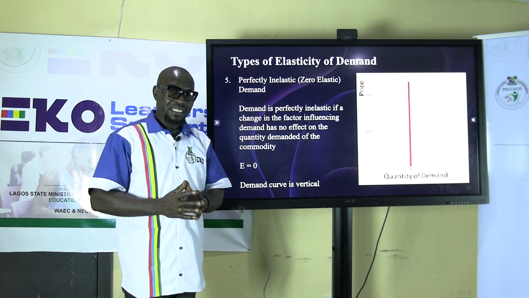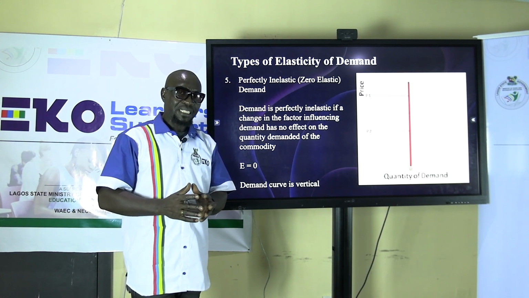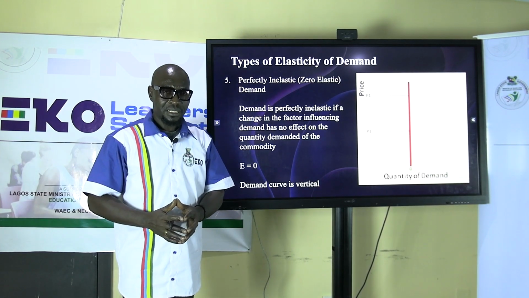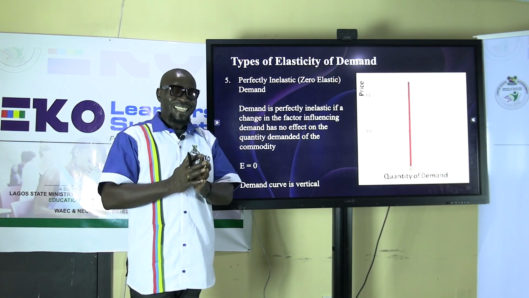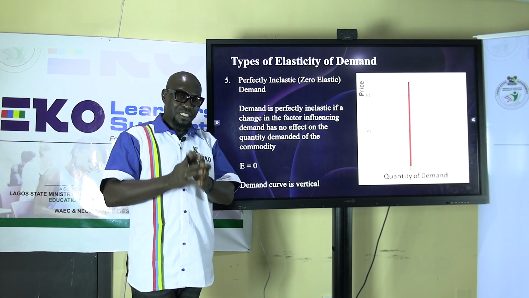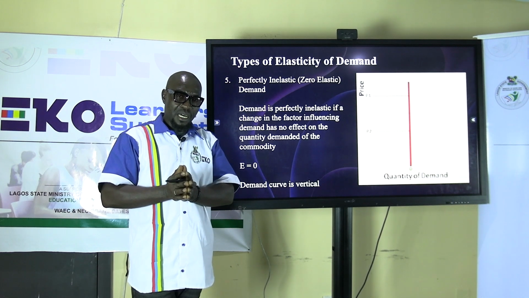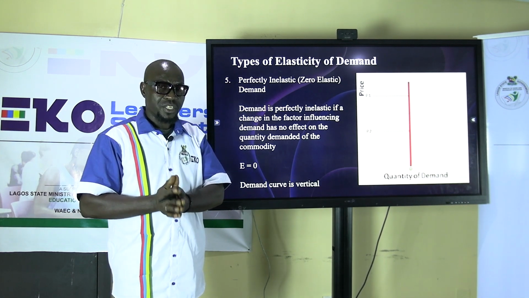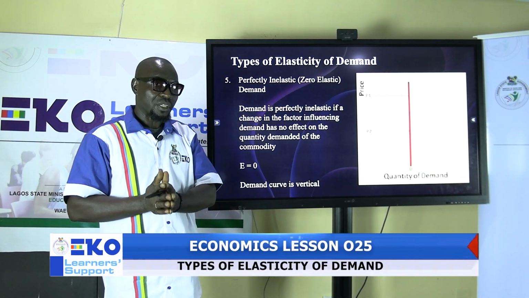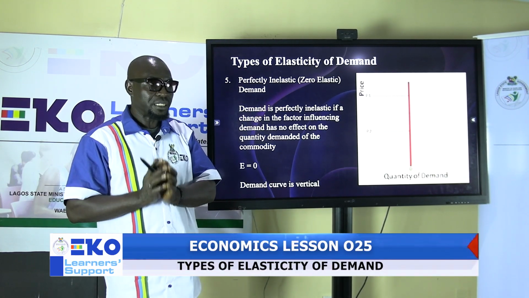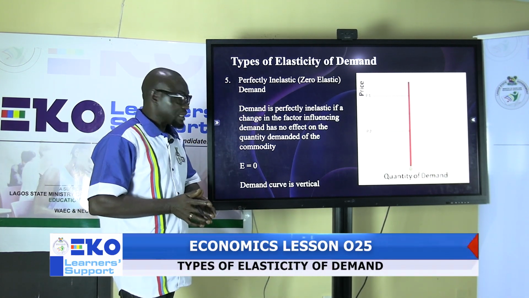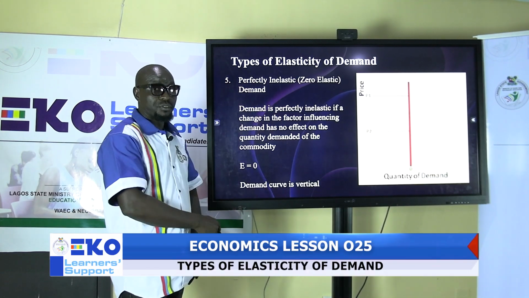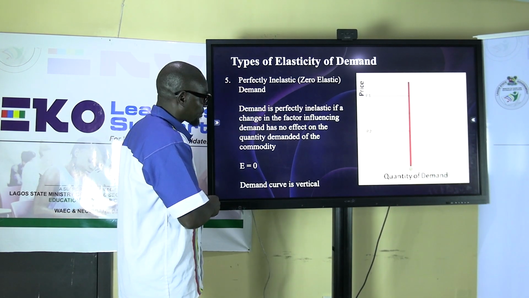For zero elastic demand or perfectly inelastic demand, it is the same thing: at different prices or different price ranges, the quantity demanded is unaffected by price changes or by any of the other factors that influence demand. And the coefficient of elasticity is 0. The demand curve is vertical.